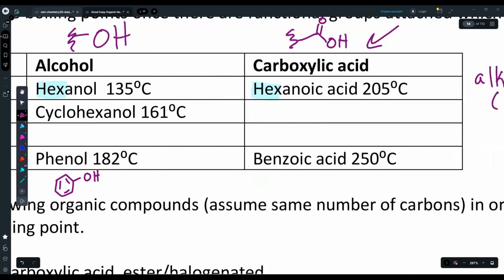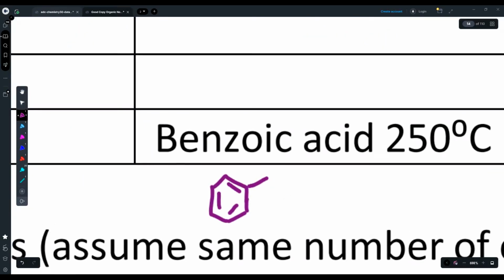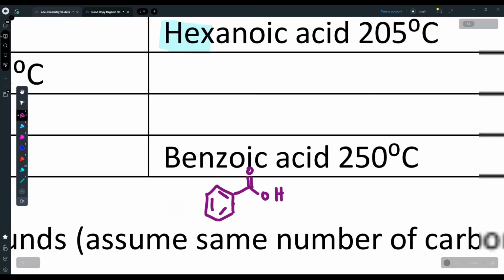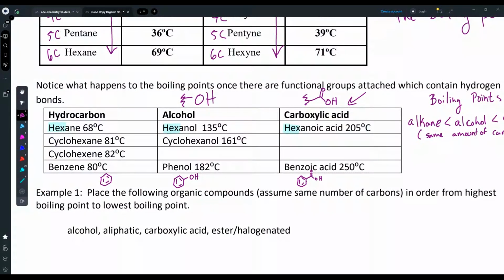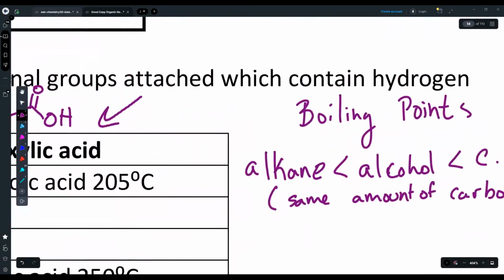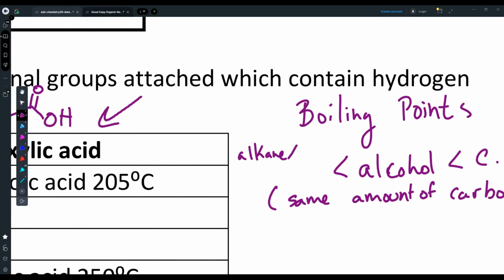Benzoic acid is that 6-membered ring with the carboxylic acid attached to it. So again, alcohols and carboxylic acids are going to have higher boiling points than either alkanes or alkenes. Maybe I should adjust this a little bit, and we'll just say alkane/alkene.